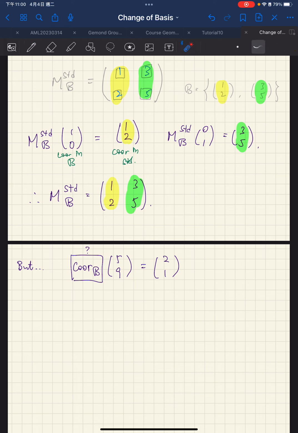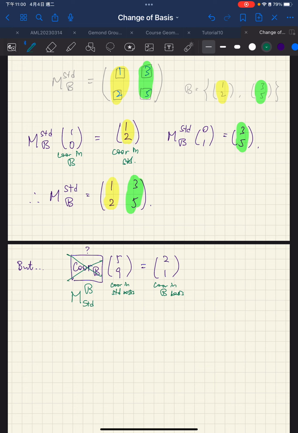Now, if we have the notation of a transformation matrix, we can think about what it actually does, right? It goes from coordinates in the standard basis to the coordinates in the B basis. So actually, we shouldn't call it a coordinate. We should call it a transformation matrix from standard basis to B basis.